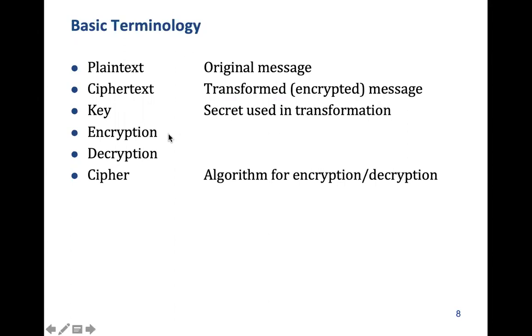Then encryption is a method of encrypting plain text into ciphertext. Decryption is just the reverse of encryption: Bob receives the encrypted message or ciphertext, then Bob wants to know the plain text, so we do the reverse function, which is decryption. And cipher is nothing but the algorithm for encryption and decryption. Right? This terminology we'll use very often.